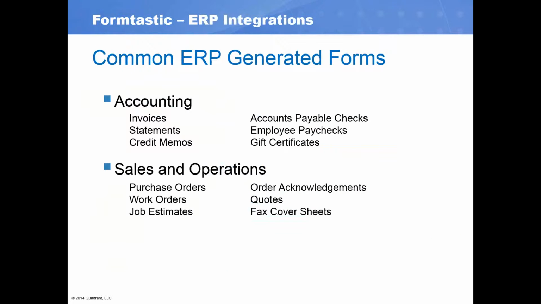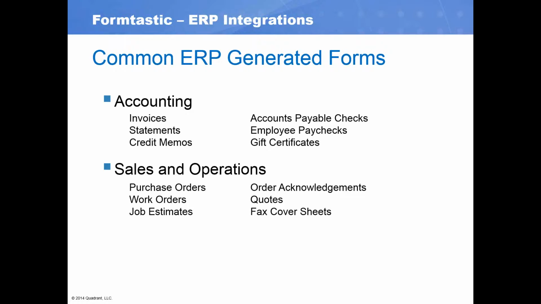So now let's talk specifically about how Formtastic can integrate with your ERP system to modernize and improve the workflow of your ERP-generated documents. So these are some of the most commonly consumed ERP-generated documents. For accounting, you have invoices, statements, credit memos, accounts payable checks, employee paychecks, and gift certificates.